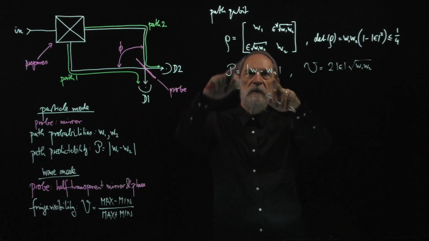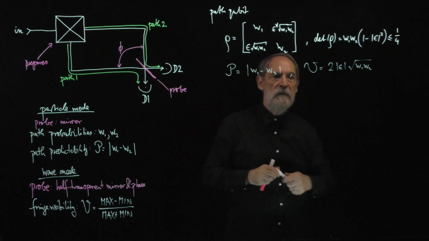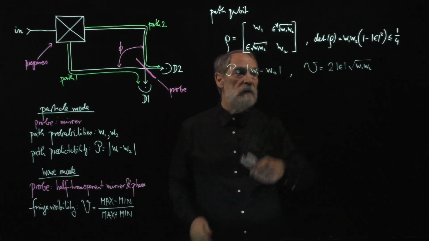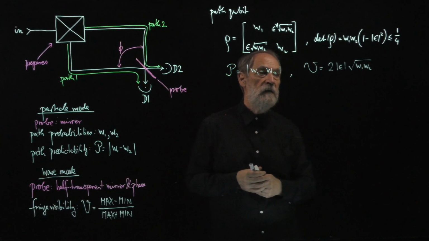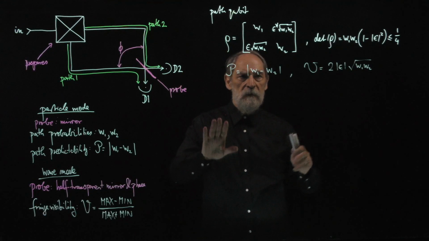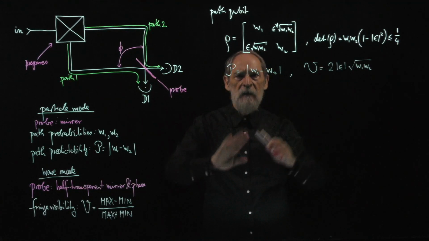So the path knowledge has to do with the diagonal matrix elements, and the visibility is directly related to the off-diagonal matrix elements.